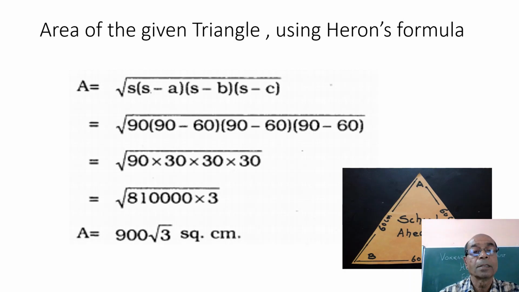That means if you remove the square root, you get 900 multiplied by the square root of 3 square centimeter. This you can further simplify by putting the value of root 3 as 1.73 and calculate the required area.